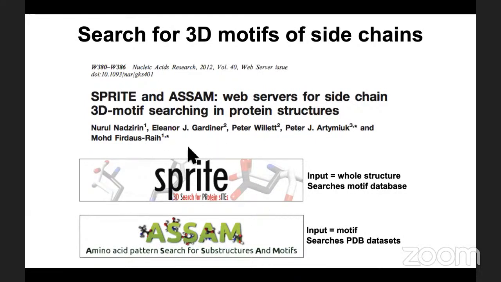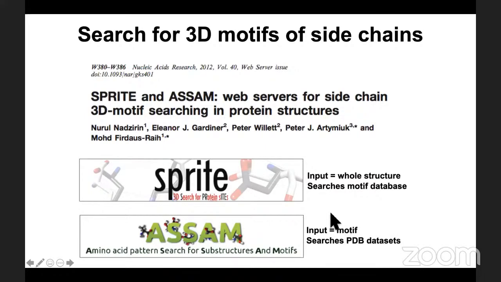So there are two of them that have been deployed. One is called Sprite, and the other one is called Asem. The difference here is that for Sprite, the input is a whole PDB structure, and it searches a motif database. Whereas for Asem, the query or the input is a motif, and it searches PDB structures.